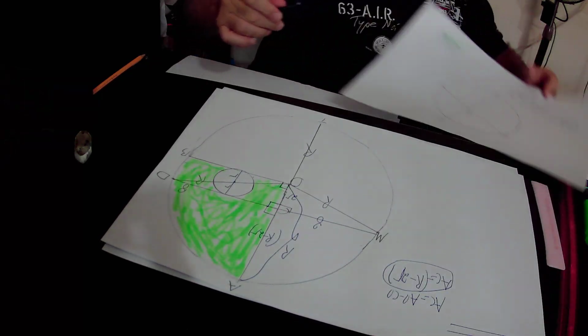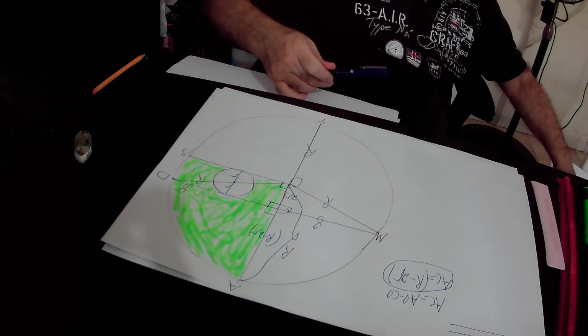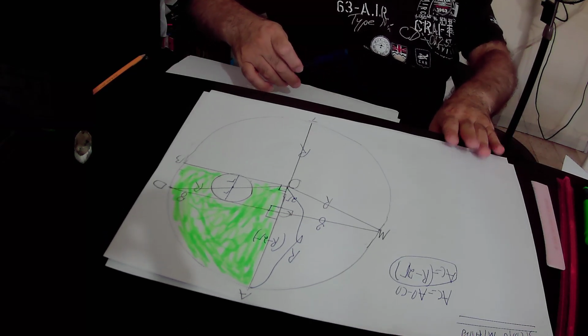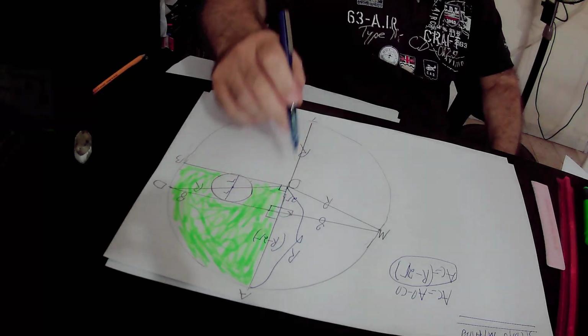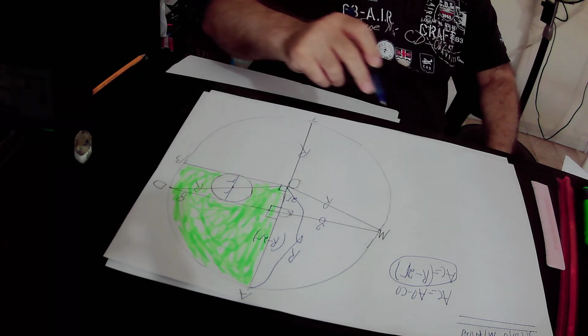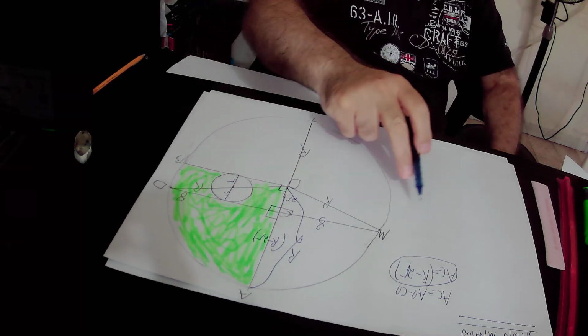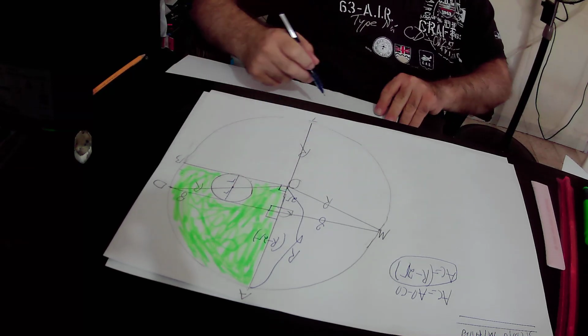We can implement rule number 11 in our drawing, because in our drawing we have chord AT that intersects with chord MD at point C. I'll write it down.